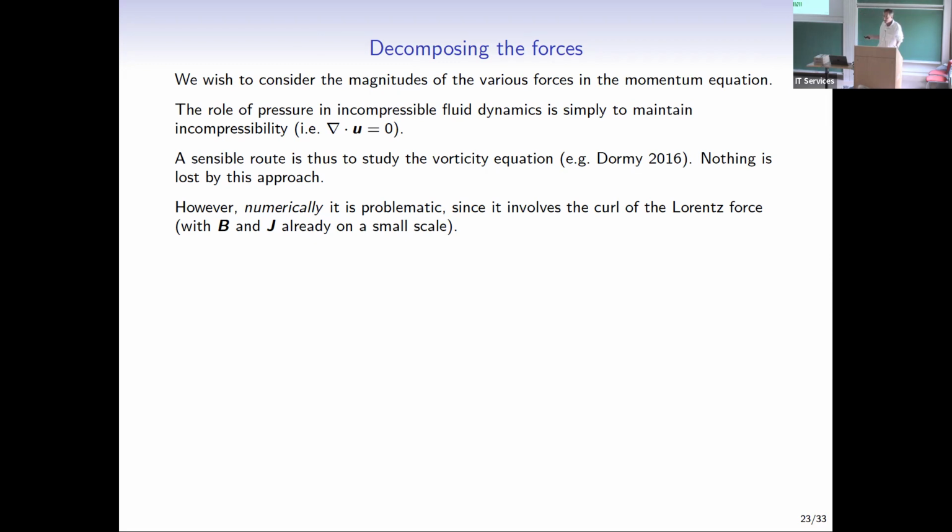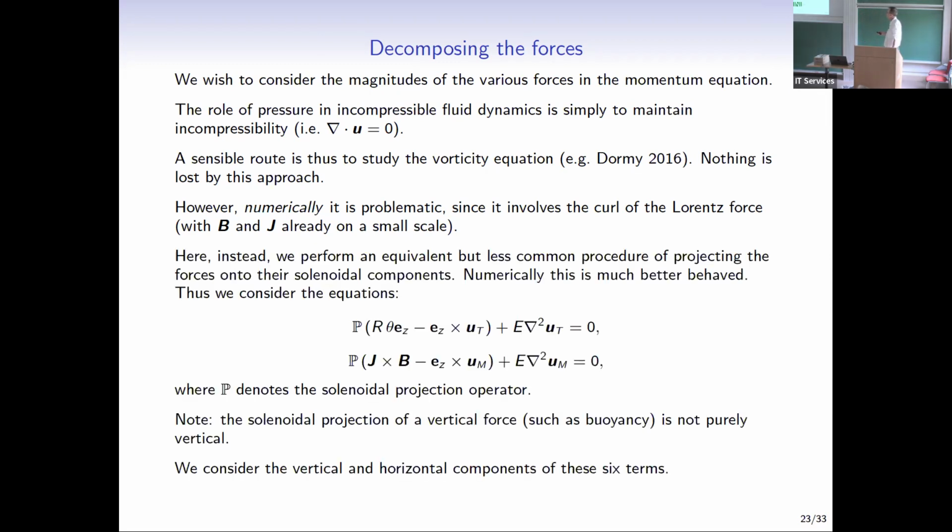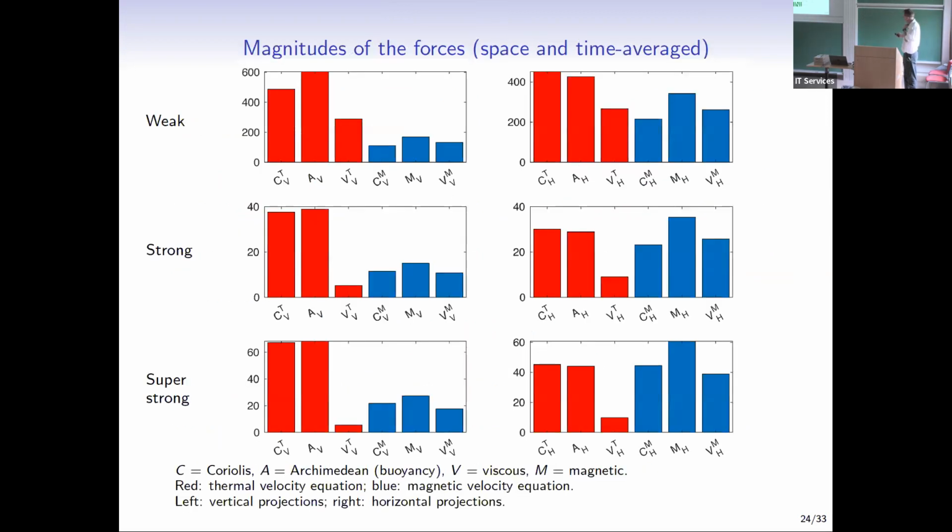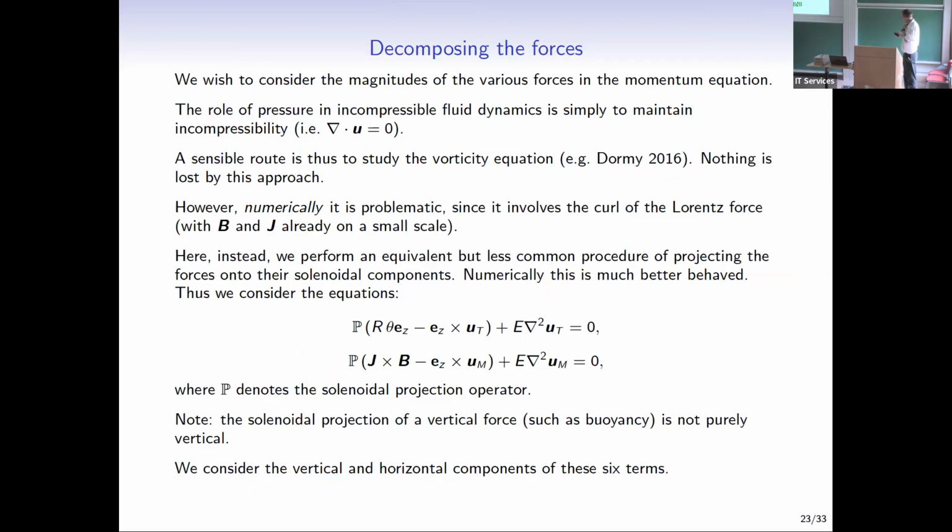There's various ways you can deal with it, but no, we did look at curl of J cross B, because we thought the vorticity is what you should be looking at, and we were not happy with it. So instead, what we do is project onto the solenoidal components.